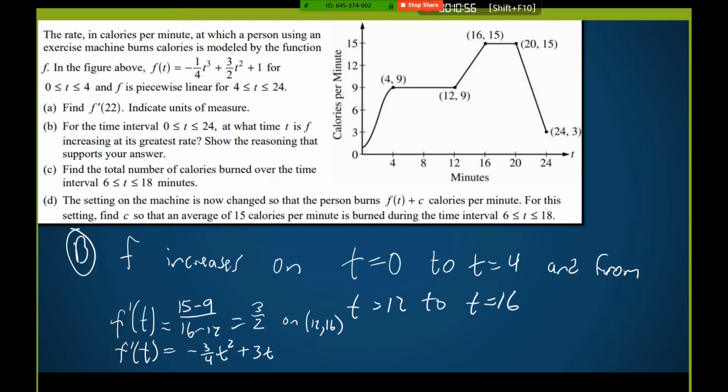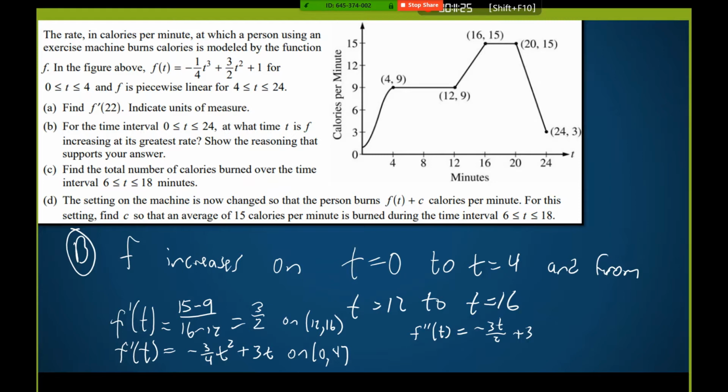We're going to derive this one more time. So this is on our interval from 0 to 4. So we could say f prime prime on 0 to 4 is equal to the second derivative of this. So if I derive one more time, what's going to happen? Negative 3 over 2 t plus 3. Okay, then I'm going to set this equal to 0, and we'll solve for t.